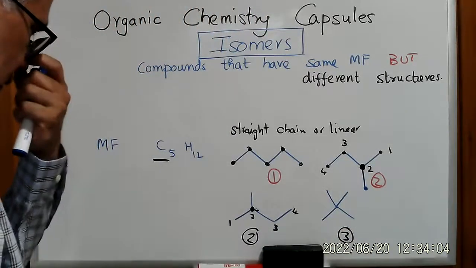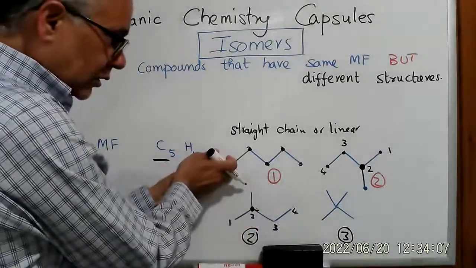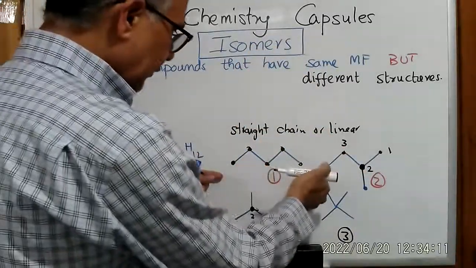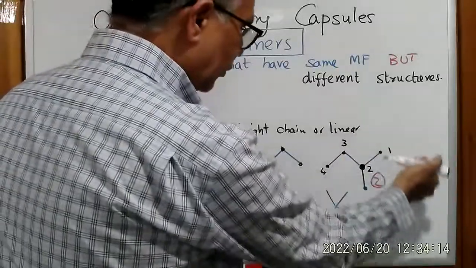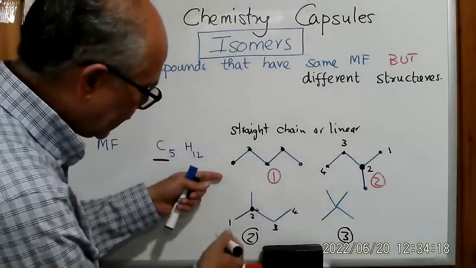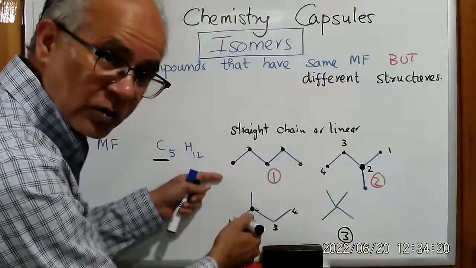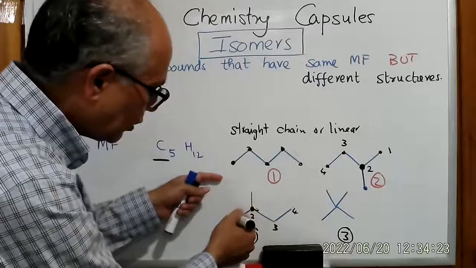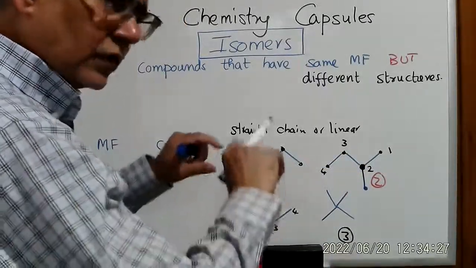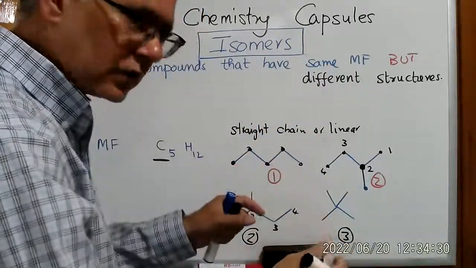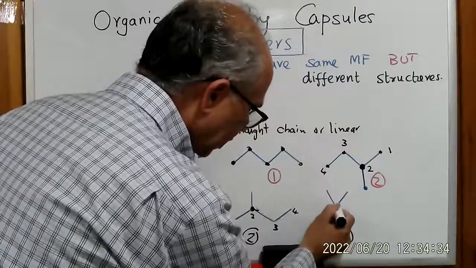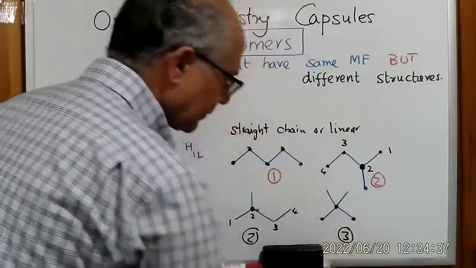Now, we started with a 5 carbon chain. We moved down to draw the constitutional isomers: a 4 carbon chain and a 1 carbon branch. Then we continued on the 4 carbon chain, moved the carbon around, but ended up with the same structure. So then we truncate the chain further. Now we have only a 3 carbon chain, carbon 1, carbon 2, carbon 3.